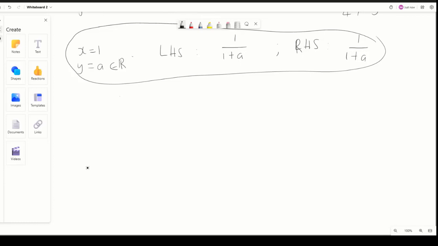So this example is from your textbook, and it asks you to solve this equation here.